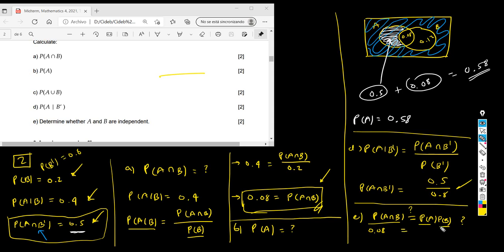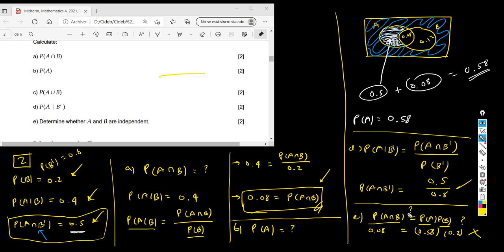And after you input these two values, what is the probability of A? 0.58. And the probability of B is 0.2, like this. Then you realize that this equation is not satisfied. This is false. What does that mean for A and B?